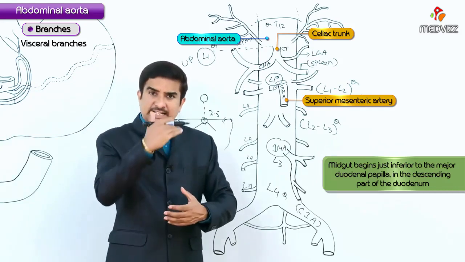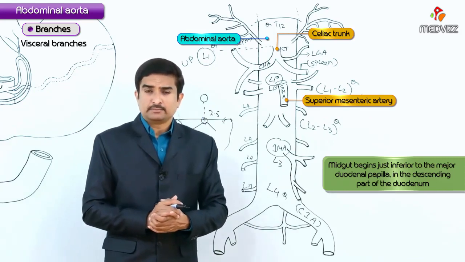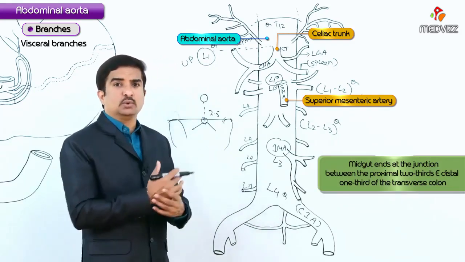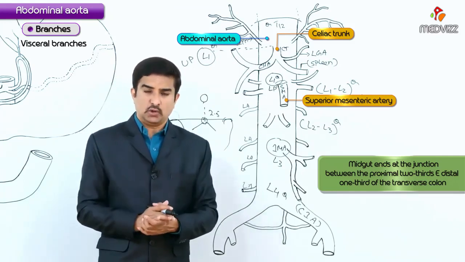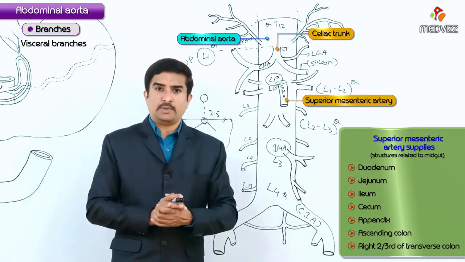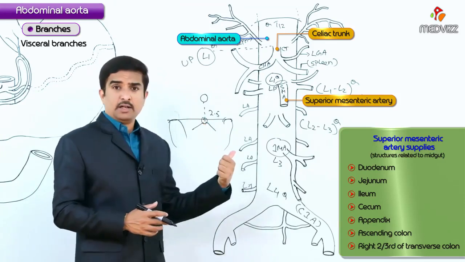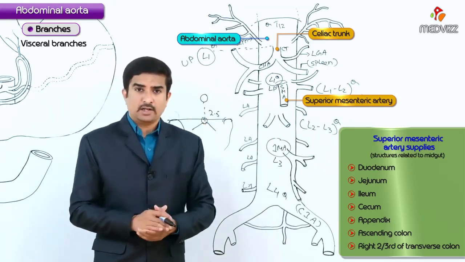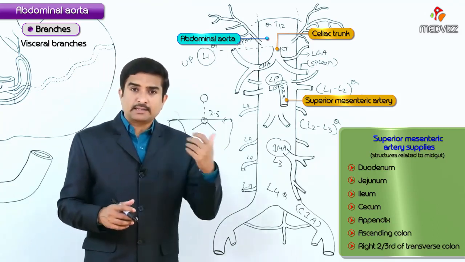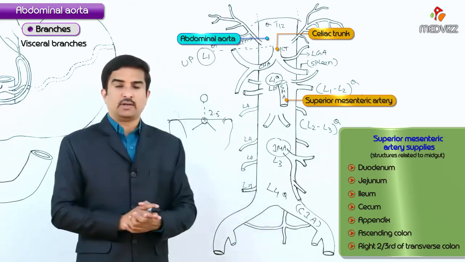So the descending part of the duodenum below the level of the major duodenal papilla extends up to the junction between the proximal 2/3 and distal 1/3 of the transverse colon. These are the structures related to the midgut. They include the duodenum that is inferior to the major duodenal papilla, jejunum, ileum, cecum, appendix, ascending colon, and right 2/3 of the transverse colon.